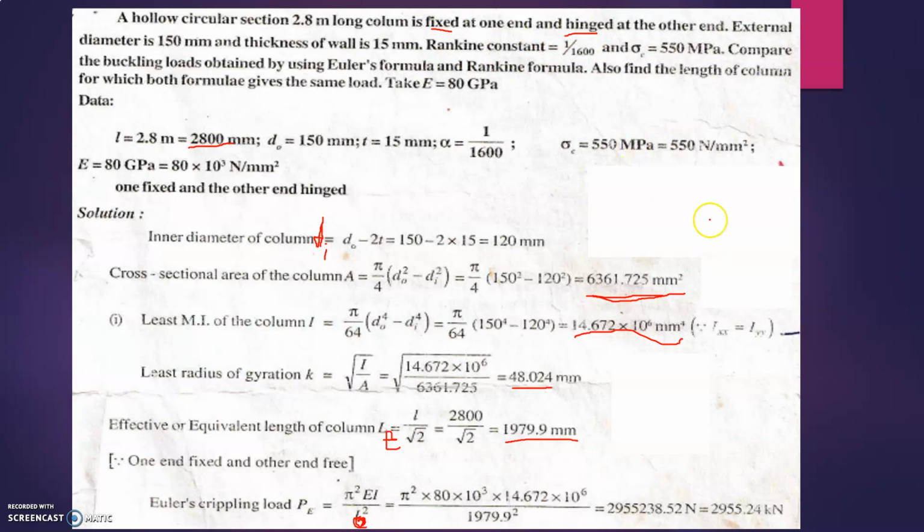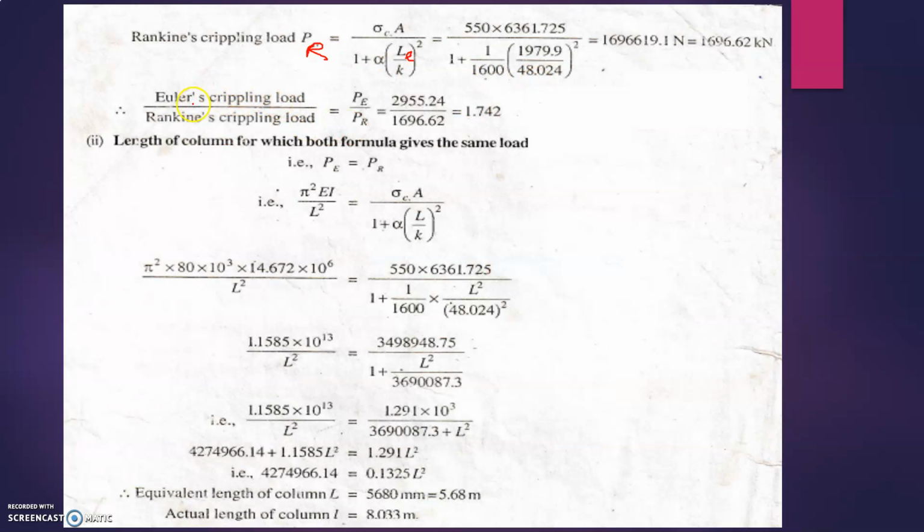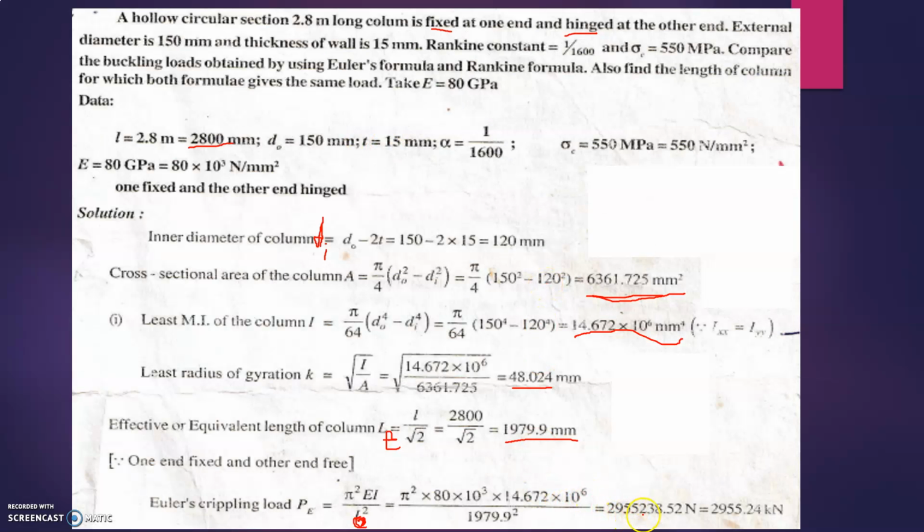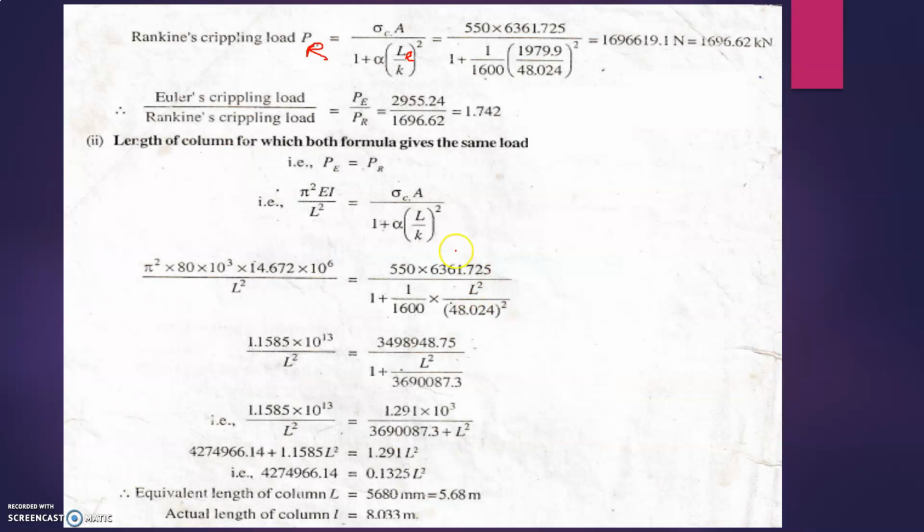Now it is asked to compare the buckling loads obtained by Euler's formula and Rankine's formula. So just compare first Euler's crippling load divided by Rankine's crippling load, PE divided by PR, that is 2955.24 divided by 1696.62, so 1.742.